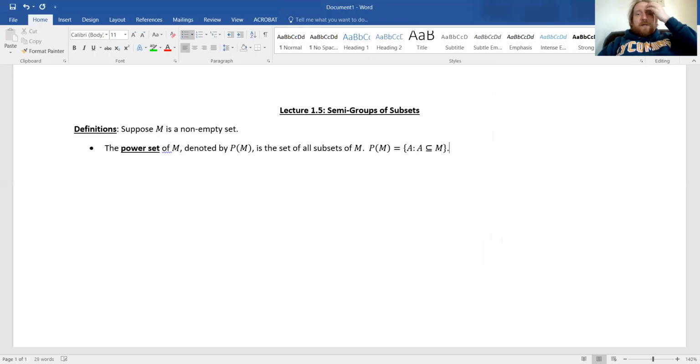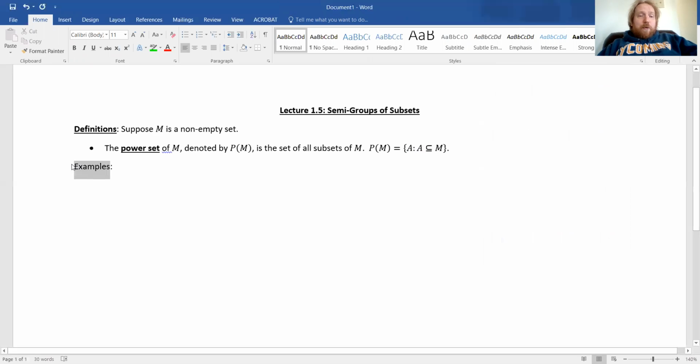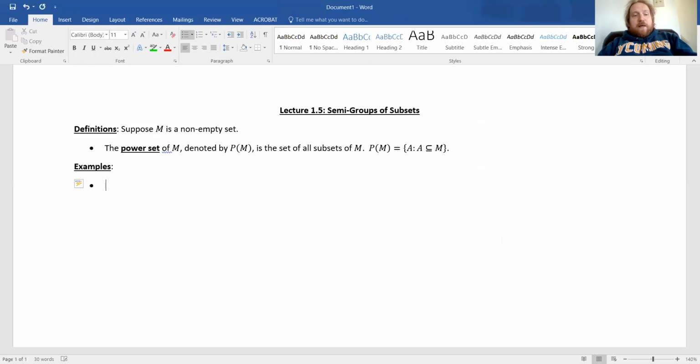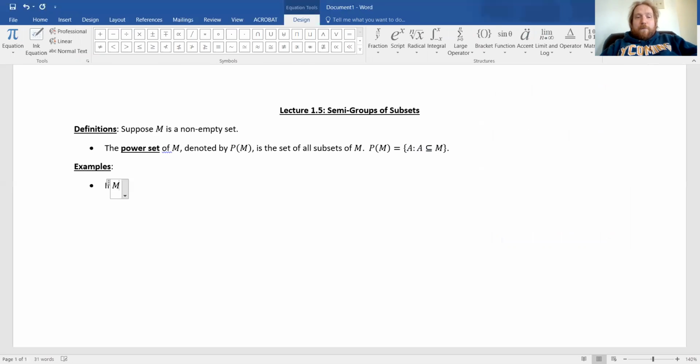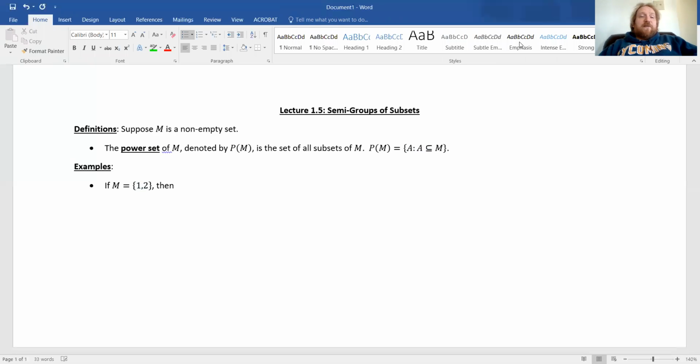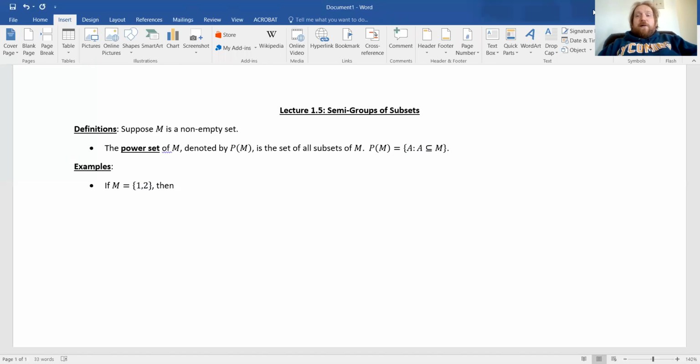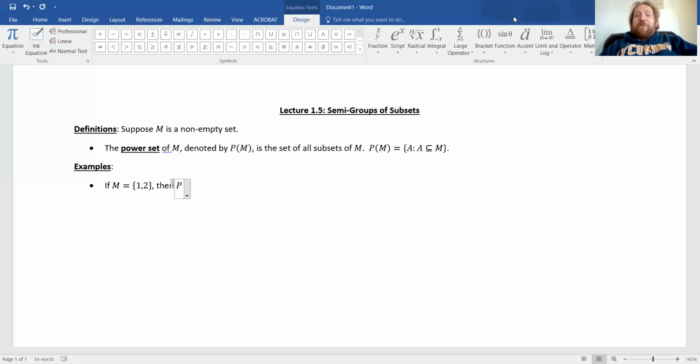Now, before we get any further, let's look at some examples of this definition. What do I mean by the power set? Well, if M were the set containing just the numbers 1, 2, there are 4 subsets of this. To find a subset, remember, you have to first ask, do you want 1 to be in the subset?